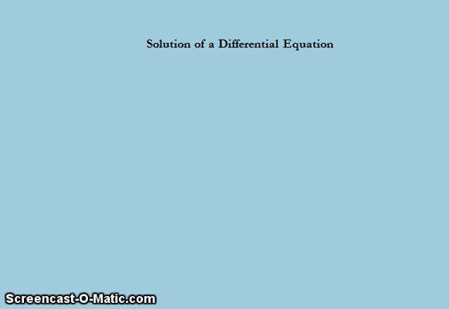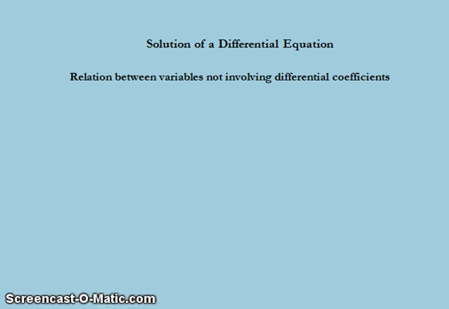Next, we are going to find out the solution of a differential equation, which gives the relation between the variables not involving the differential coefficients, such that this relation and the derivatives obtained from it satisfy the given differential equation. Now we are going to consider an example where we prove that the given equation is the solution to the given differential equation.